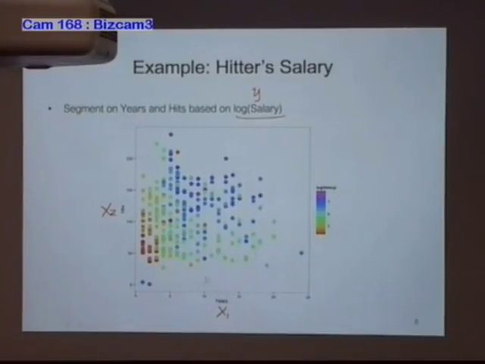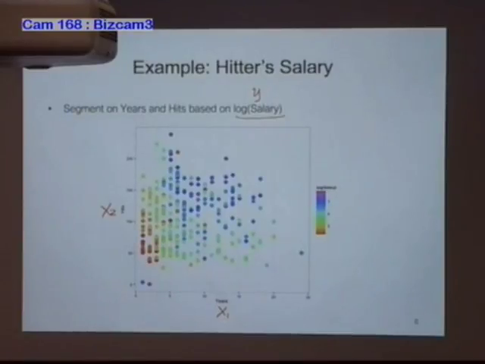So the idea of trees is we want to group these points. Every point is one player. We want to group these points based on their Ys. We want to say, hey, people with this kind of years of experience and this number of hits are similar in terms of their salary. That's eventually the thing we want to say. So the Y is indicated by the colors.